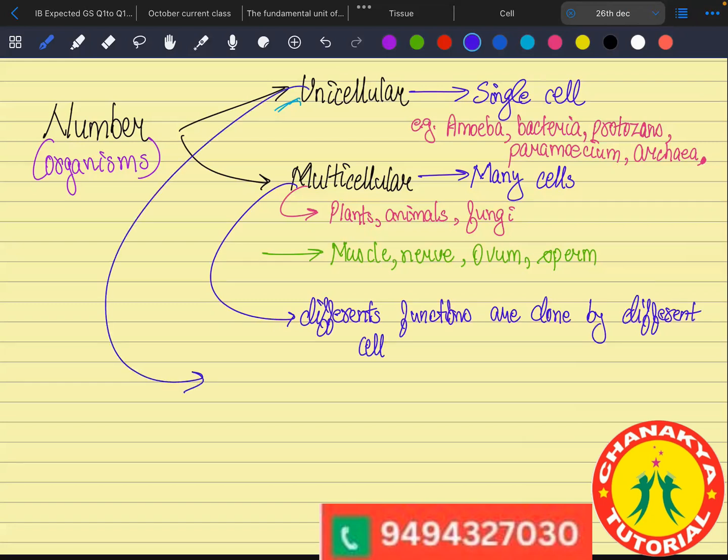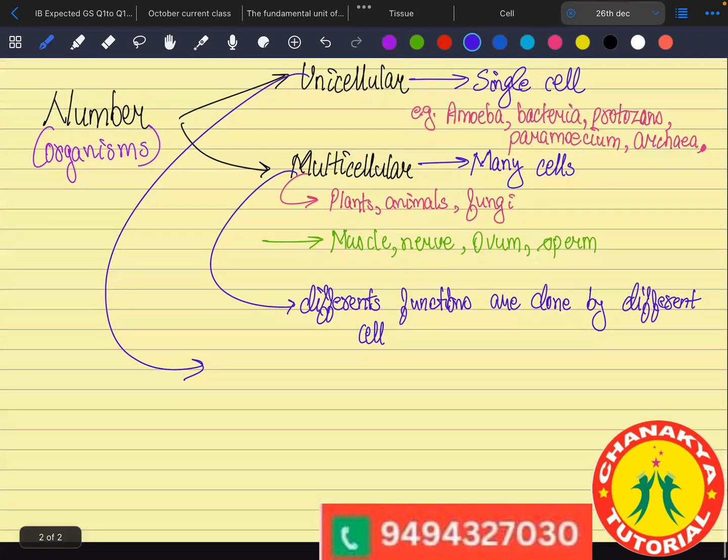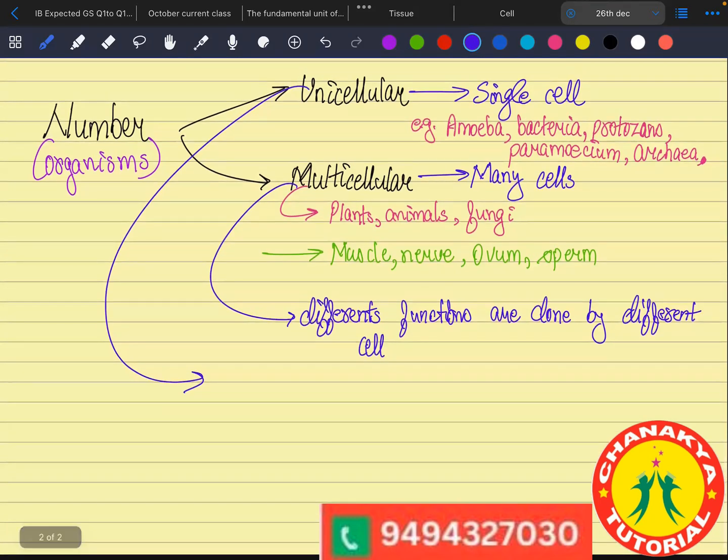In multicellular organisms, specific cells are grouped together to perform specific functions. Different groups of cells perform different functions. Correct, we will come to that. So in unicellular, a single cell does all the work.